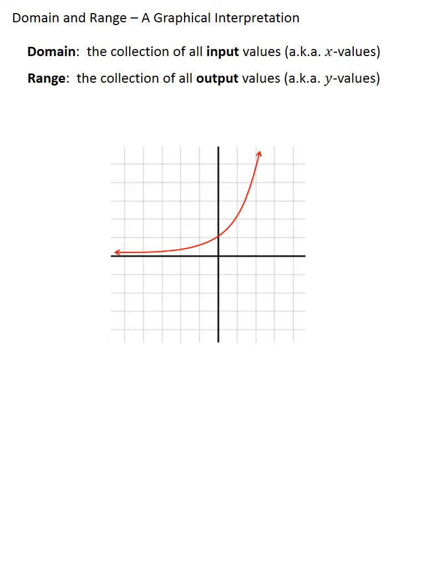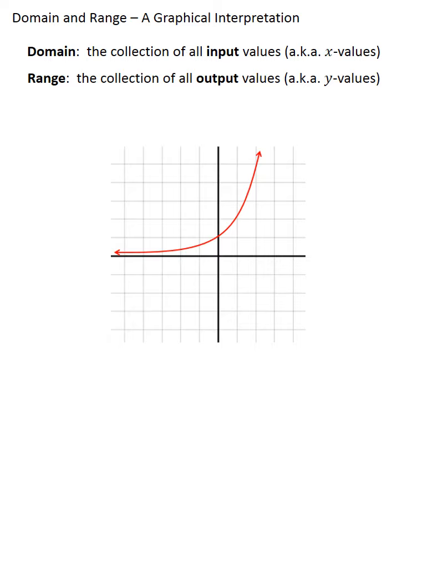Does this function have an input value of -1,000? Yes, somewhere far to the left there's a point whose x-coordinate is -1,000. Does this function have an input value of +1,000,000? Yes, somewhere far, far to the right there is a point on this graph whose x-coordinate is 1,000,000.